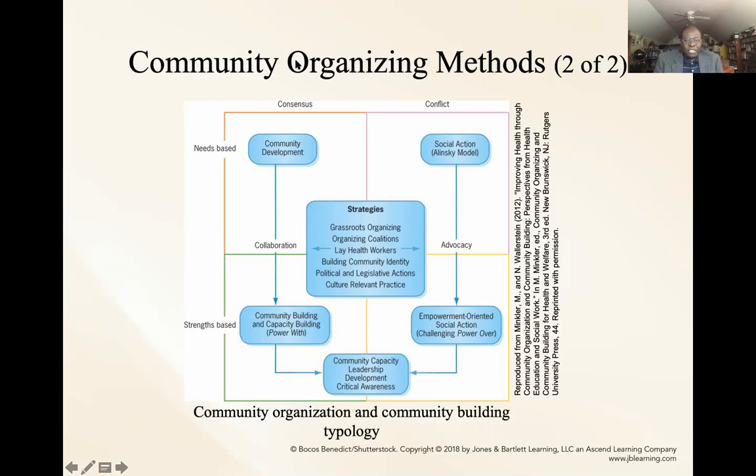You see, the more coalition you bring in, the stronger it is. If you are just working with one group within a community, then that program is not as strong as it should be.